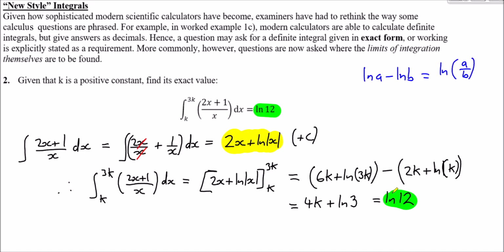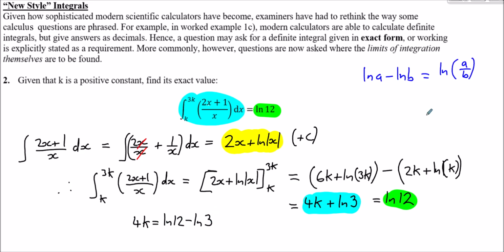Okay, so we've integrated it in between the limits, and we've got this expression here. Now all we need to do is simply solve it to work out what k is. What I'm going to suggest we do first of all is to subtract ln 3 from both sides. So then we get that 4k equals ln 12 minus ln 3.